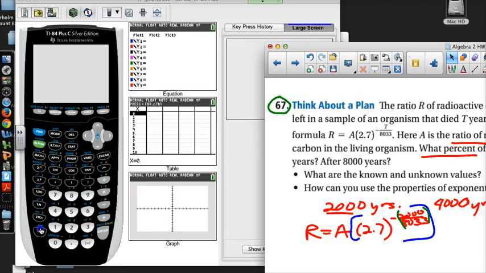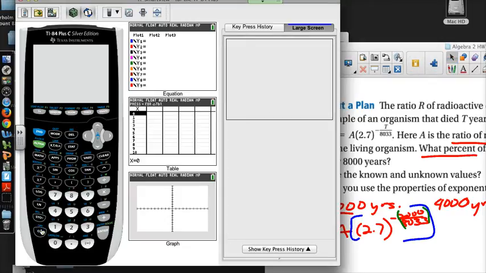So we've got our calculator, and hopefully it'll turn on here and we'll be good to go. So we need 2.7. Okay, the calculator is refusing to work.